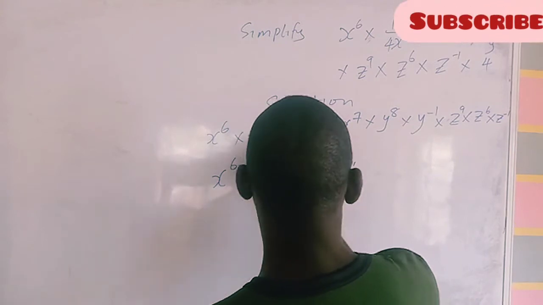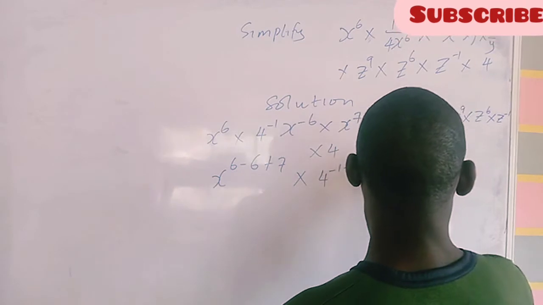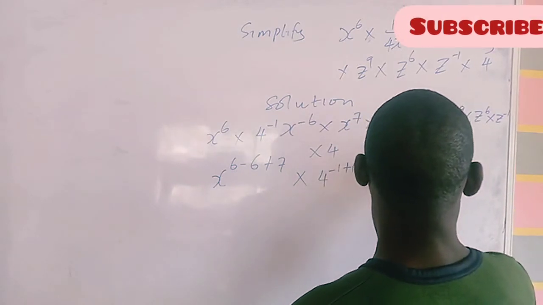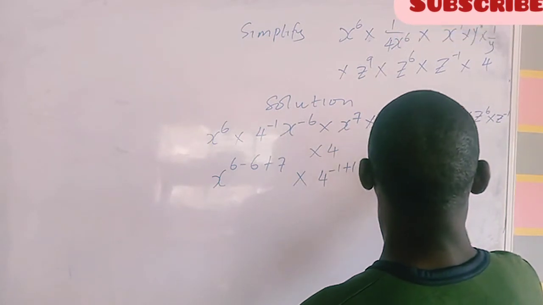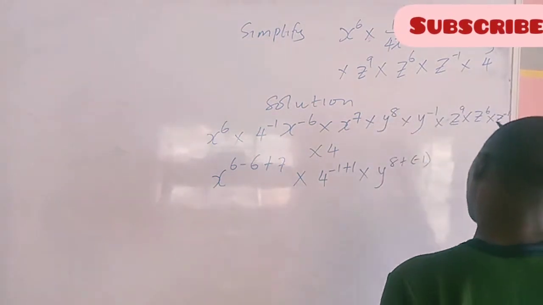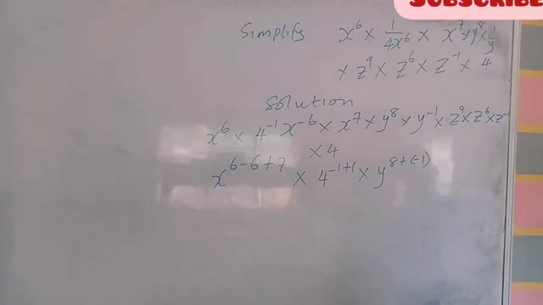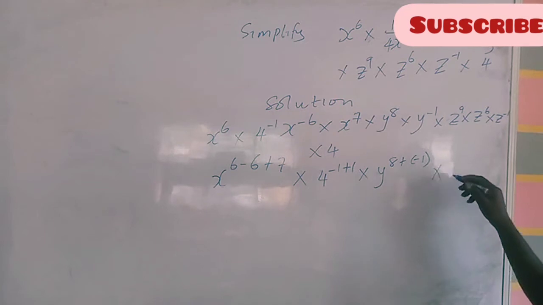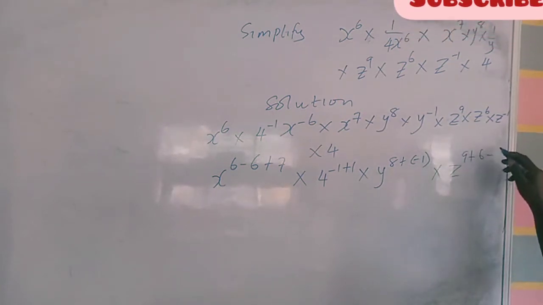So we are going to handle the 4. Okay, times y raised to power 8 minus 1, let me say plus minus 1. Yes, let's put it that way, because though you are supposed to add it, there's a minus coming here. Then times z raised to power 9 plus 6 minus 1.